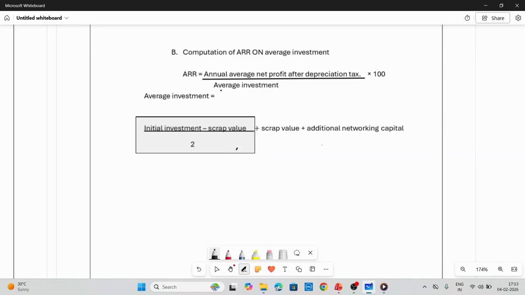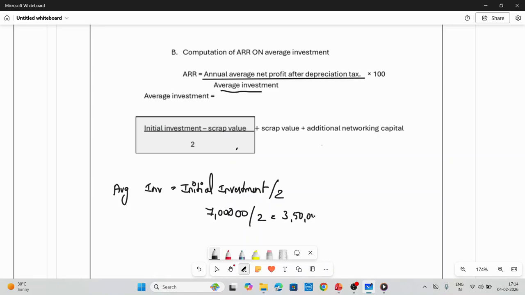First, let's calculate average investment. Average investment is equal to initial investment divided by 2. What's the initial investment? It's 7 lakh divided by 2, which is 3 lakh 50,000. So this is our average investment.